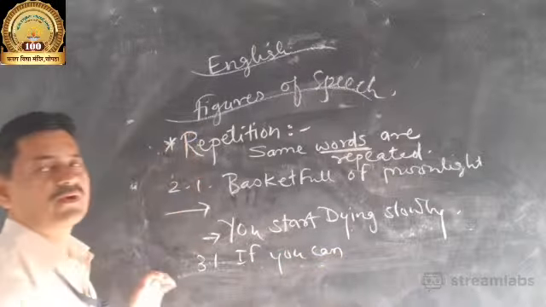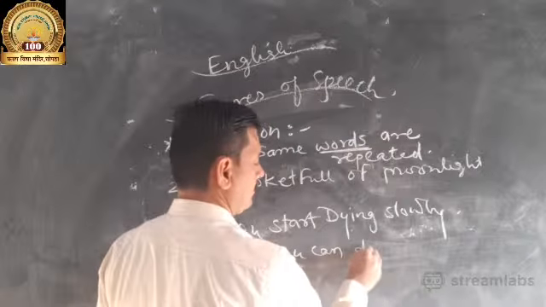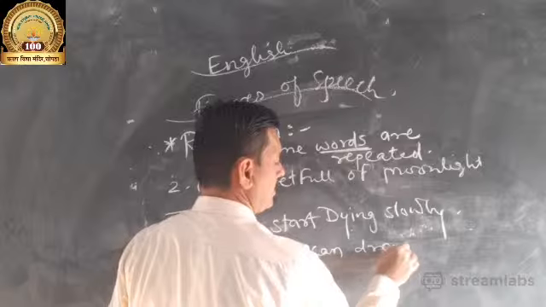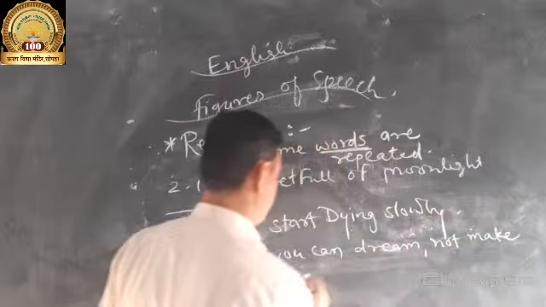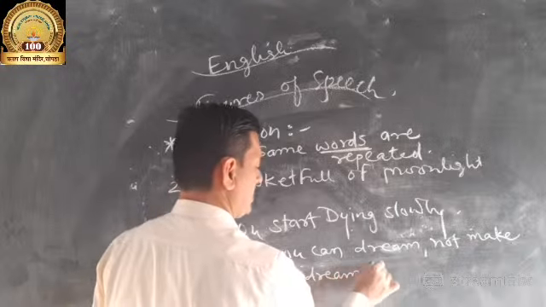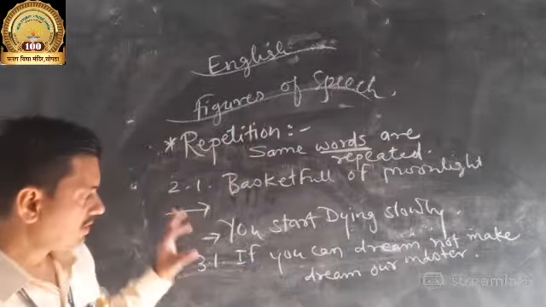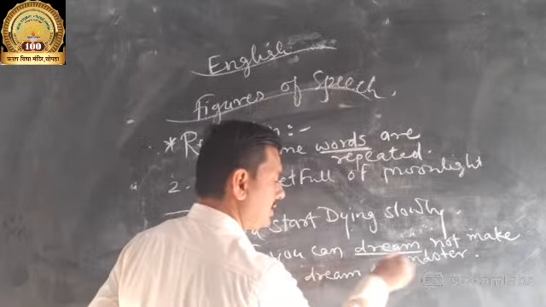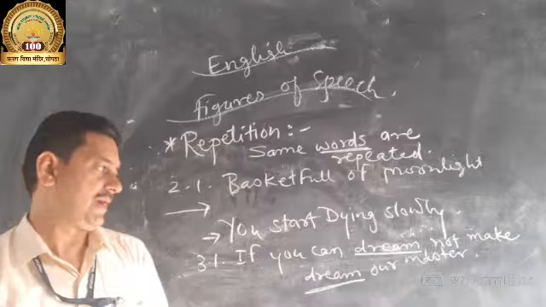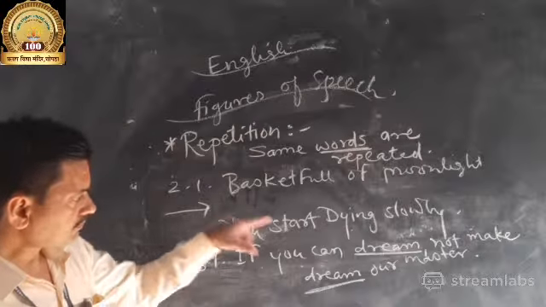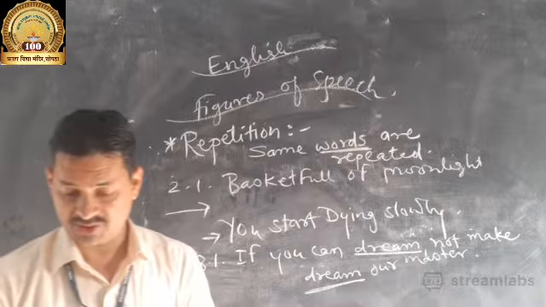Maybe the poem is not for our syllabus, still, 'If you can dream, not make dream our master.' So here the word dream is repeated. Yes, the dream word is repeated, and of course you can see the words or maybe the line repeated. That is the repetition figure of speech.